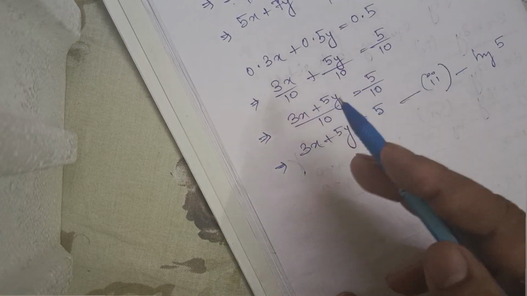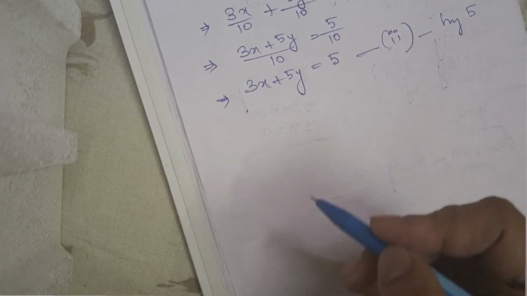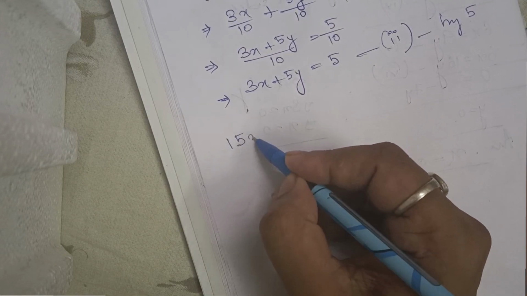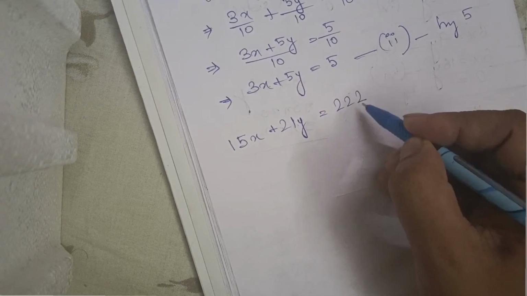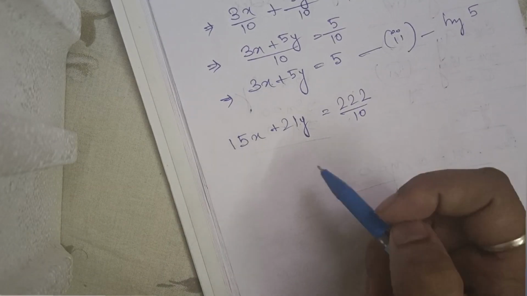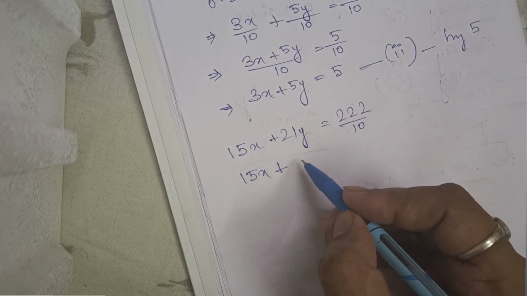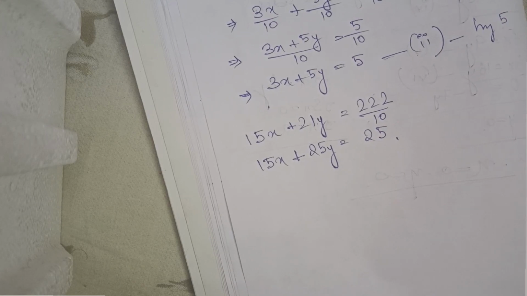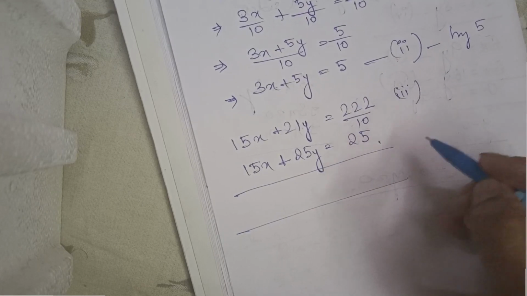By multiplying equation number 1 by 3 we get 15x plus 21y equals 222 by 10, and by multiplying equation 2 by 5 we get 15x plus 25y equals 25. Equations 3 and 4.